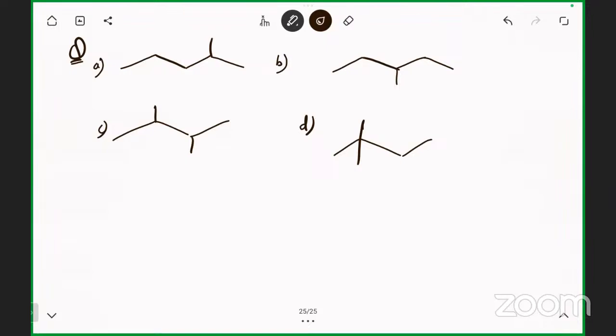Okay, make the structures. And first see, you have to tell which one has the highest boiling point. First make the normal structure of this compound and then start doing. Then, after this example, we'll move further to the chemical properties.